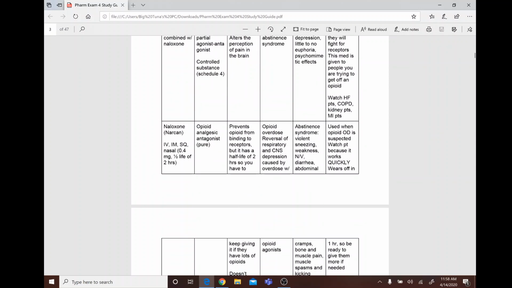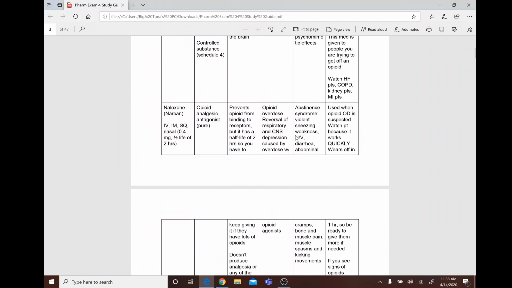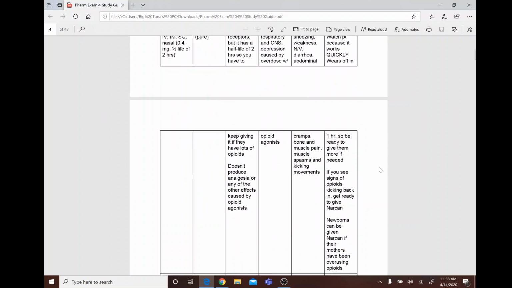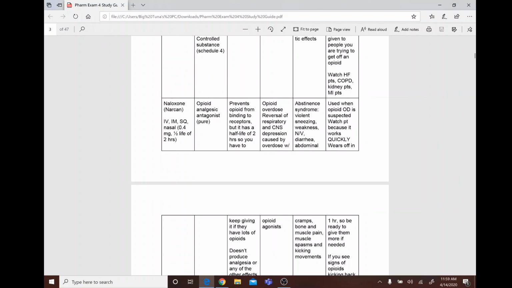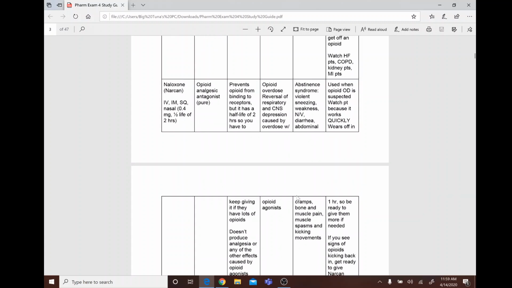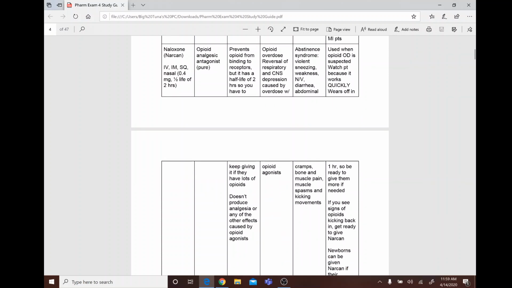All right, what is naloxone used for? Reversal of an opioid overdose. What are the side and adverse effects of naloxone? Abstinence syndrome, so like violent sneezing, weakness, nausea and vomiting, diarrhea, abdominal cramps, bone and muscle pain, muscle spasms, and kicking movements.